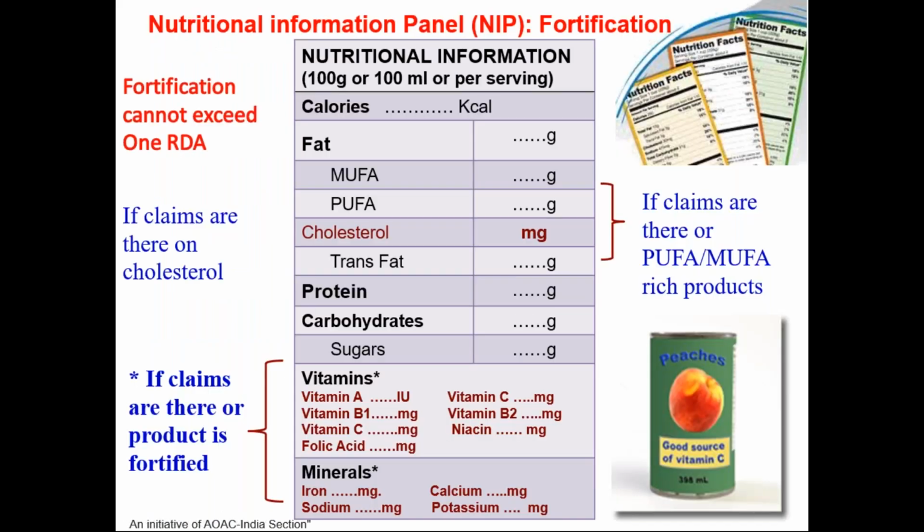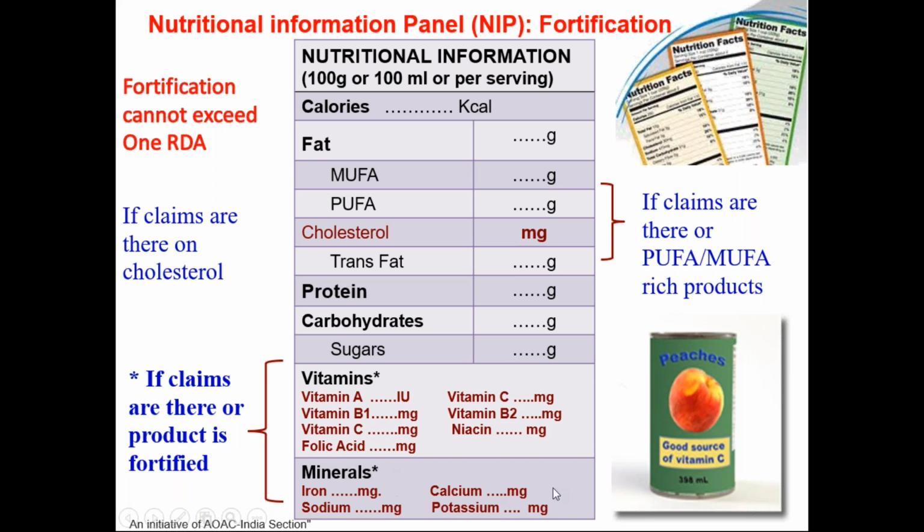So here is a nutritional information panel of a product. You see the calories is given in kilocalories, fat will be in grams, the protein will be in grams, carbohydrate in grams. If it contains sugar, it's going to be in grams. If it contains vitamins, it's going to be in the metric units.